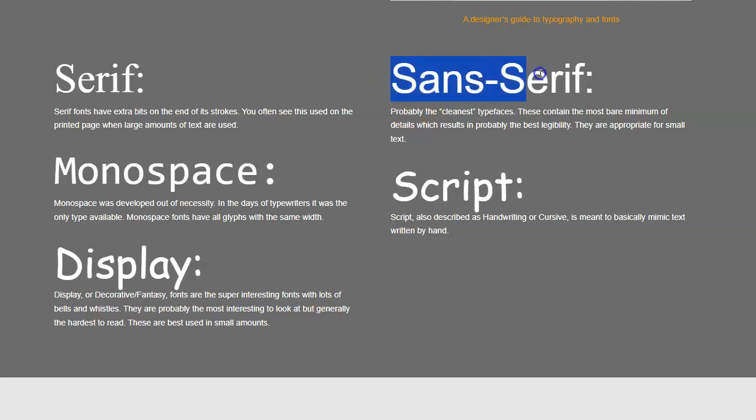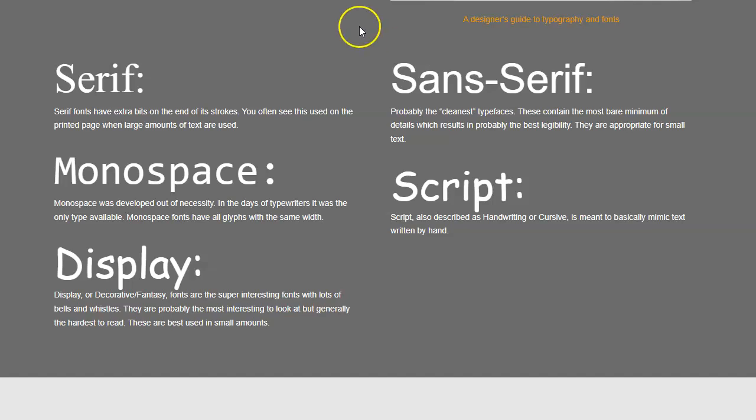Sans serif just means it doesn't have that. It's the cleanest typeface. It just has the bare bones of whatever makes each letter. It's a very usable, easily legible, basic typeface, and there are all sorts of them, like Arial and this Calibri one. There's a bunch of them that you will see.